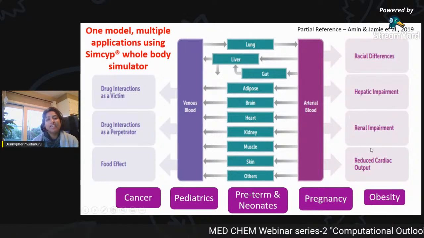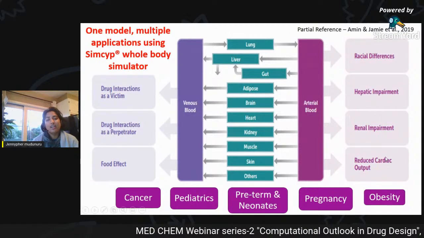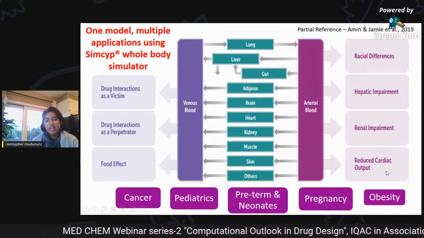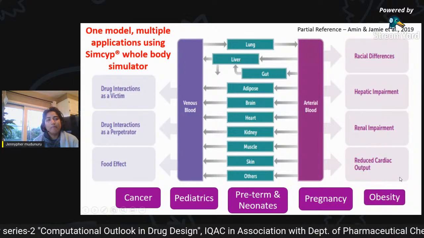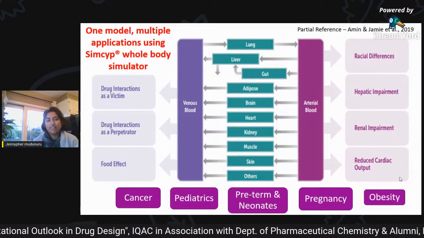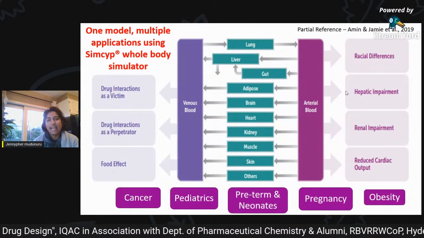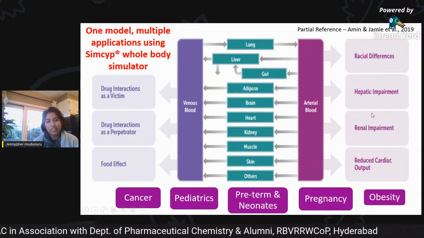And then there's hepatic and renal impairment and reduced cardiac output populations. What happens is these patients often have very complicated pharmacokinetics because they have an organ dysfunction.